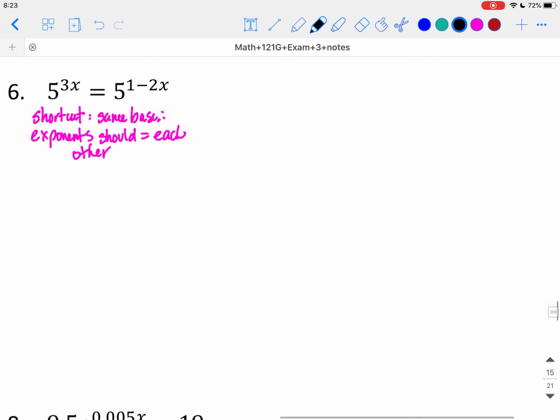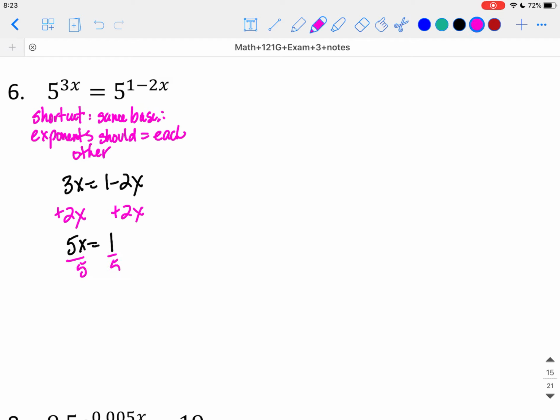And so literally we can just do 3x is equal to 1 minus 2x and solve for x. So we would add 2x to both sides. And we would get 5x is equal to 1. Divide both sides by 5. And we get x is equal to 1/5.